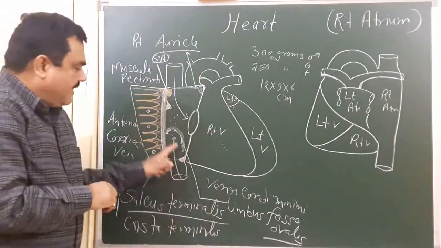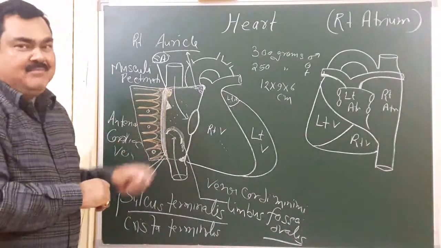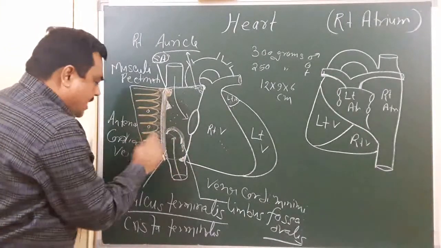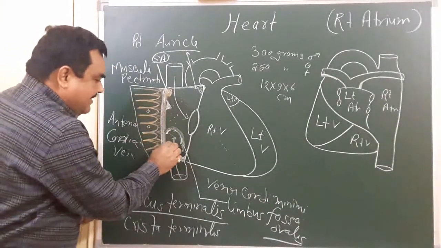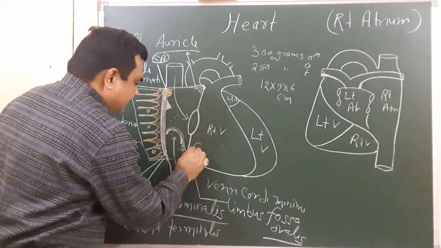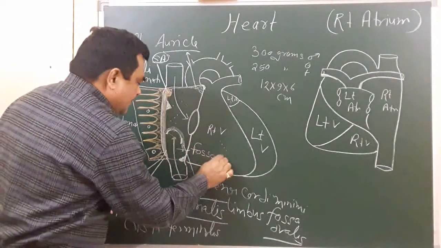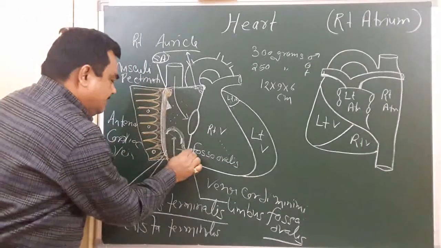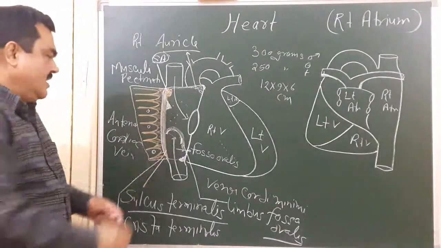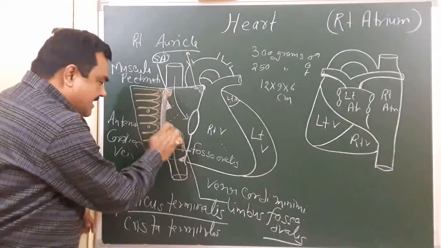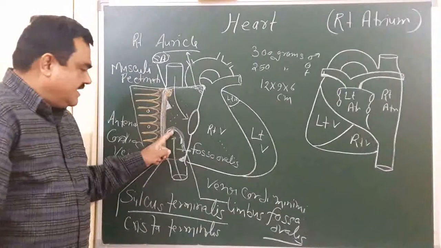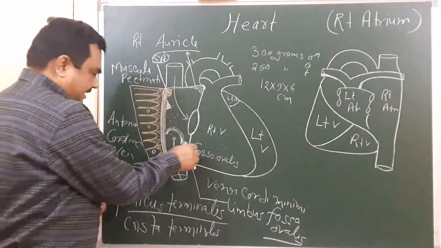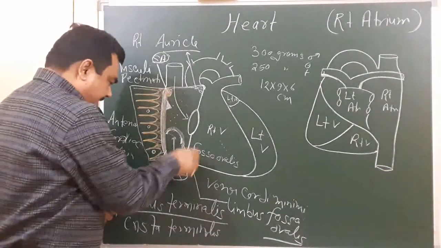This is formed by the septum secundum, and this portion is a fossa, the fossa ovalis. This fossa ovalis is formed by the septum primum. So this is the septum primum, and this margin, the limbus fossa ovalis, is formed by the septum secundum.